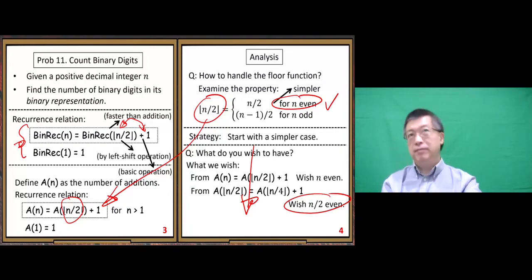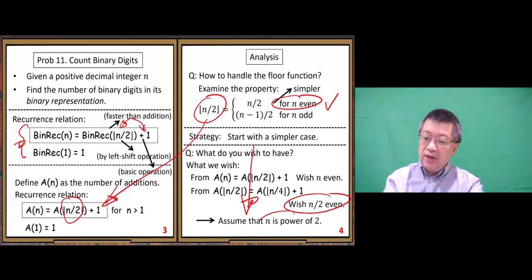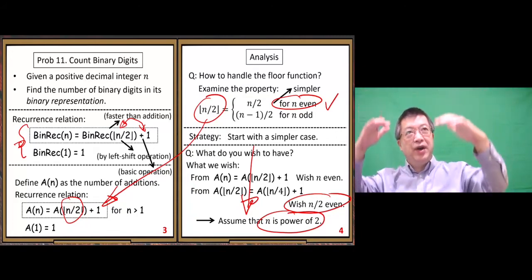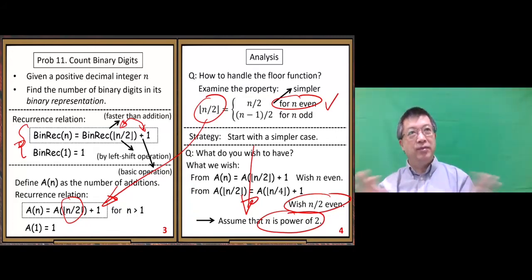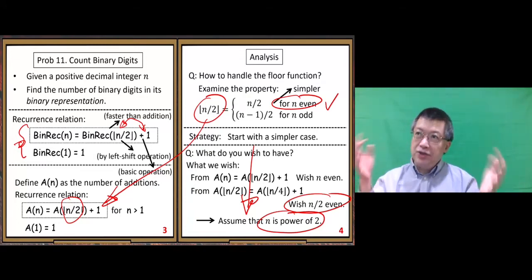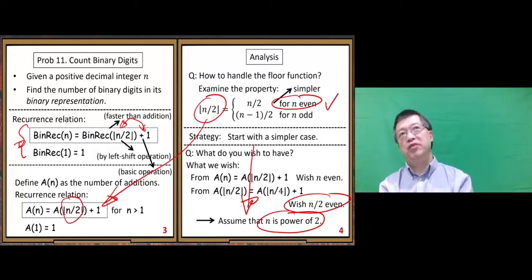Based on that, we can assume n is a power of 2. If we make that assumption, you can do division by 2 all the way down to the base case, and you never need to worry about the fractional part. So that is the best case we can get.